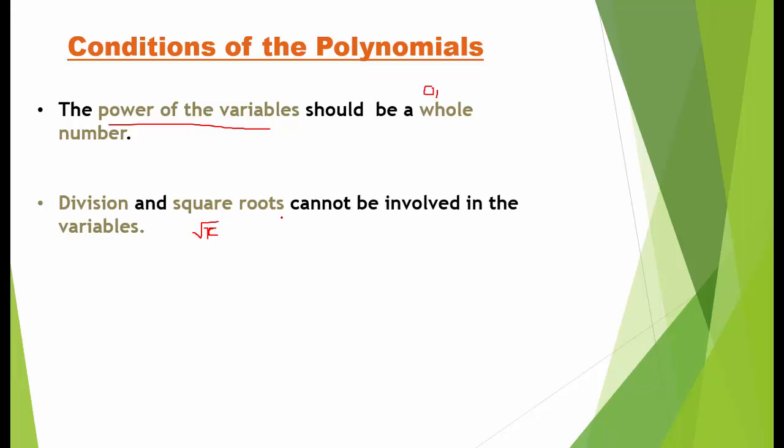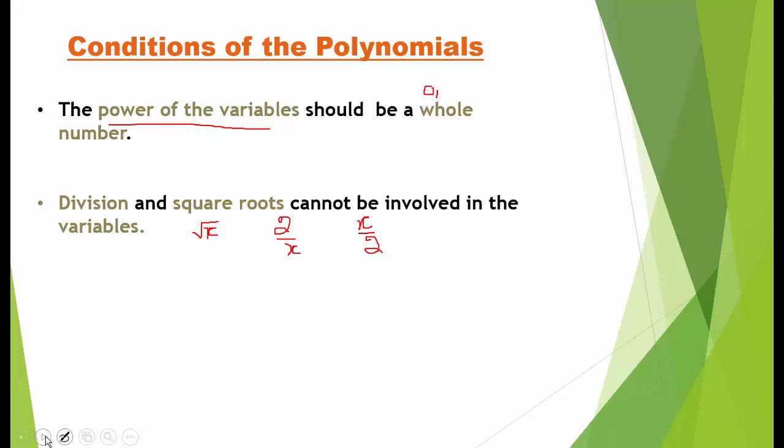Similarly in division form, if I am writing 2 by x, then this is not a polynomial because the variable can't be in the denominator. If I am writing x by 2, then this is a polynomial because my variable is not in the denominator. This is a number, which can be in the denominator or in a square root, cube root term, but the variable can't be in the denominator or in an nth root, say square root, cube root, and its power must be a whole number.